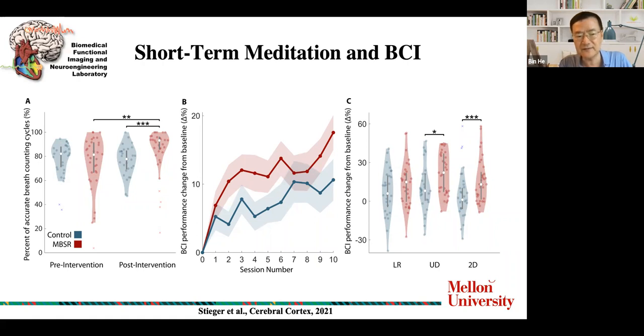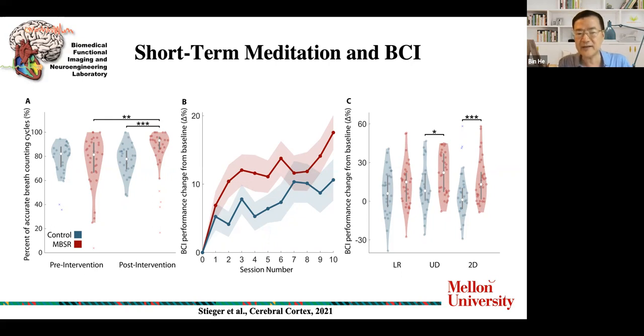Our results found a statistically significant change in the meditation subjects before and after meditation in breath counting. And after the meditation process, we found a statistically significant difference between the meditation subjects and control subjects, which provides behavioral data supporting our BCI finding.